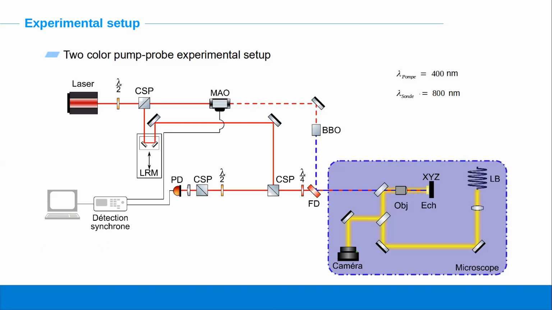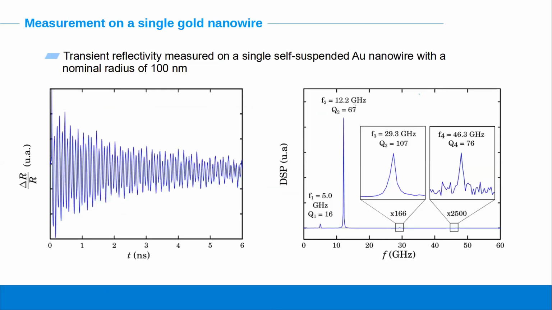So in that case, we use a pump at 400 nanometers and a probe at 800 nanometers. And using this kind of setup, this is the typical transient reflectivity that you can measure on a single nanowire made of gold above the trenches with a nominal radius of 100 nanometers.